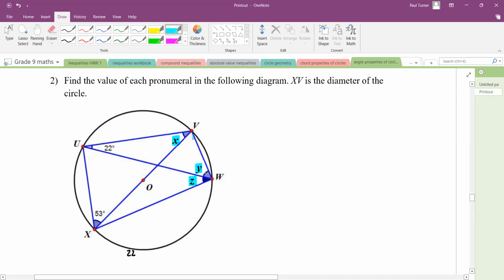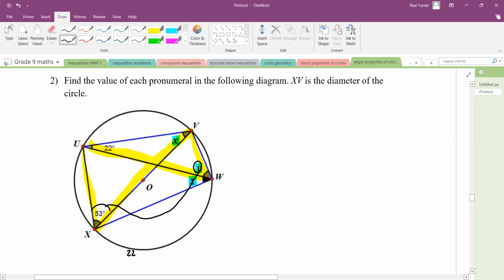And when I look at this, I'm thinking about what rules can I use? Okay, so if I look at my angle in the same segment rule, I'm going to have this shape here, aren't I? You see that? So that means that by the angle in the same segment rule, that Y is going to be 53.